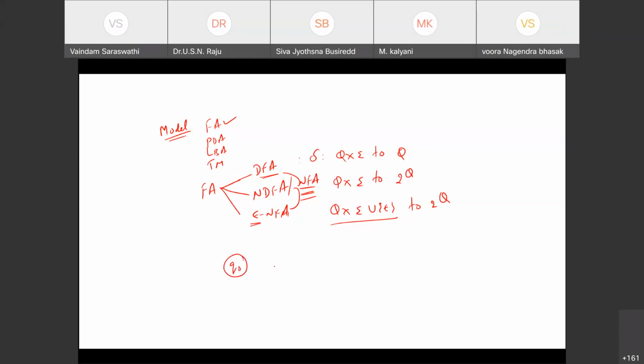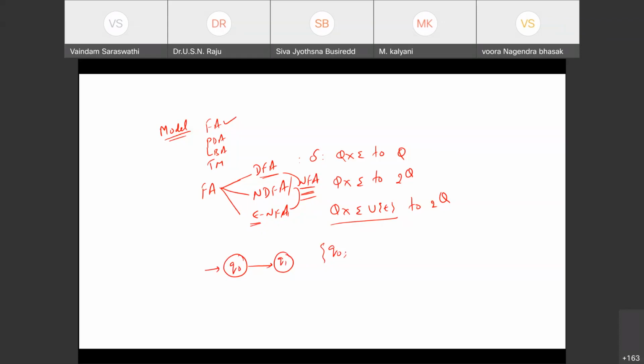So Q0, Q1. What is the epsilon closure of Q0? Q0. Is Q1 also there or not?